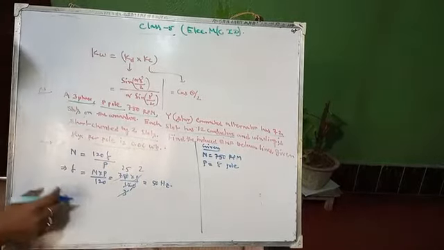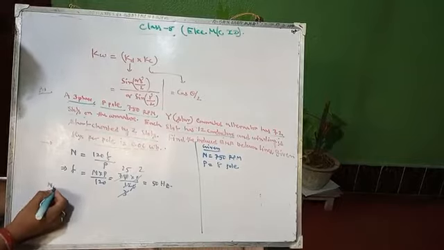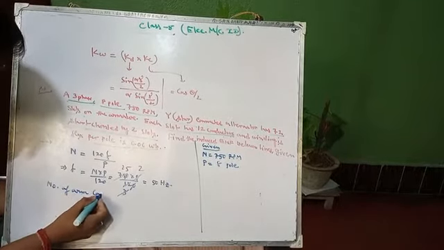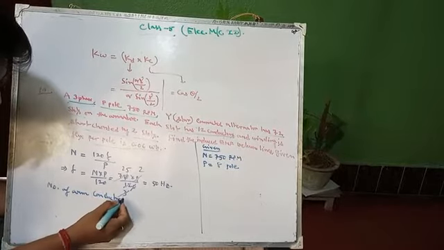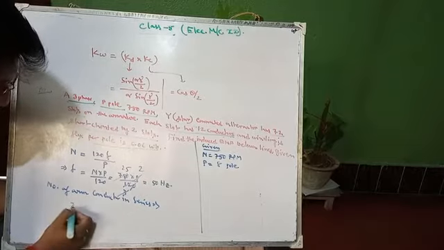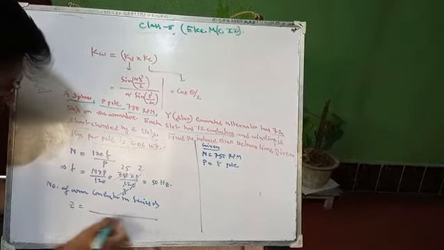Next, write the number of armature conductors in series. You have to find Z. So what is the formula?